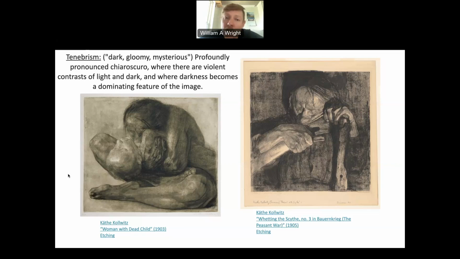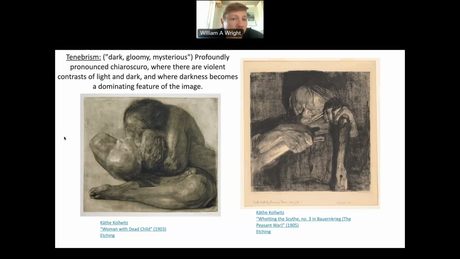Darkness is a dominating feature. It basically means dark, gloomy, mysterious, and it creates a sense of drama. It really helps when drawing the figure to have lots and lots of shadows, right, and violent light. We talked about this before in the figure unit as well: it's helpful when you have dramatic differences between the brights and the darks.